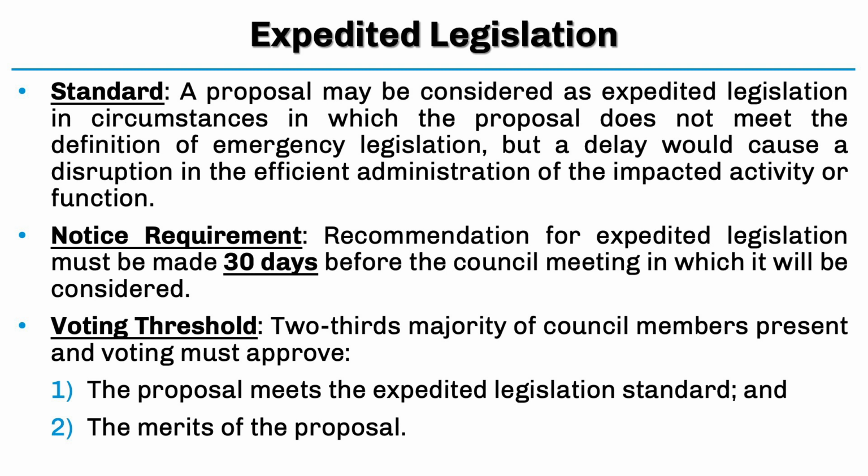Adoption of expedited legislation requires 2 separate votes of at least a 2/3 majority of members of the Council present and voting. The first vote is to determine whether the proposal meets the definition of expedited legislation, and the second vote is on the merits of the proposal.